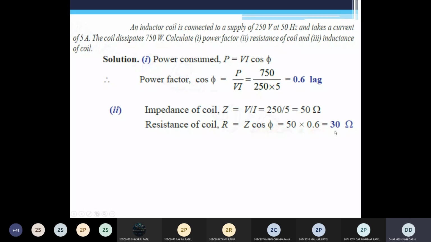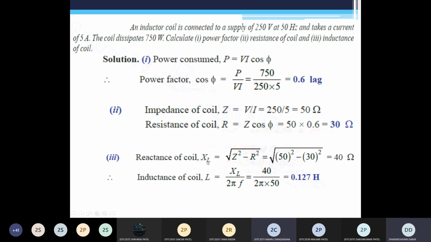Now, what is the value of inductance of this coil? From the equation of impedance, you can find this. Z is equal to square root of R square plus XL square. First find out XL, and from XL you can find the value of inductance L. Yes, 0.127 Henry.